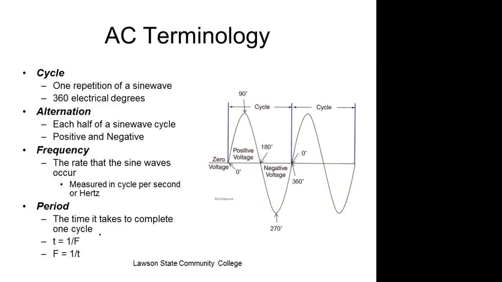So if I know the frequency, I can calculate the period. The frequency is 1 over time. If I know the time, I can calculate the frequency, and if I know the frequency, the time is 1 over frequency. Reciprocal. We use reciprocals so much because it's always the opposite of something.